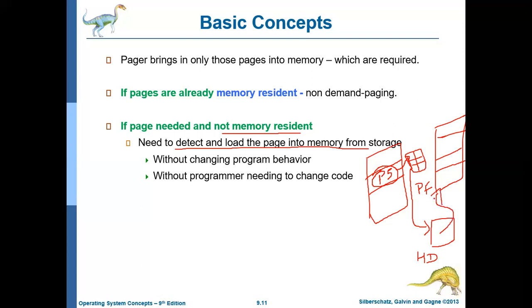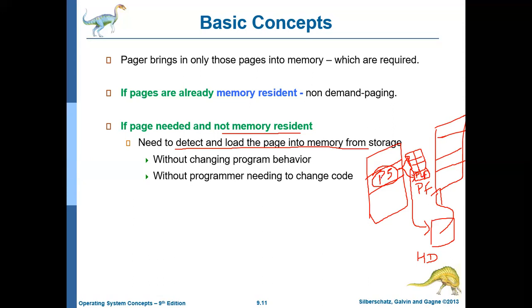After loading it into the physical memory, the page table also should be updated. That is, this particular page which was previously missing is now brought into the main memory and is in so and so frame number. Like that, this is the page number and this is the frame number, and the page table also should be updated. This is the job of the memory management unit.